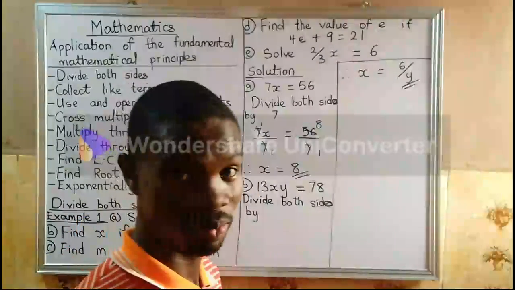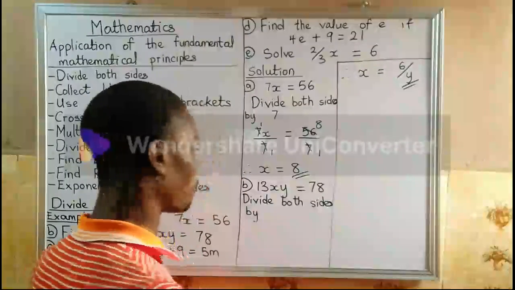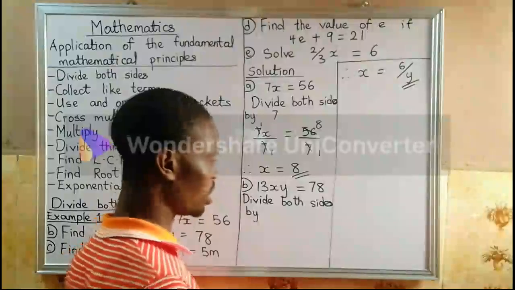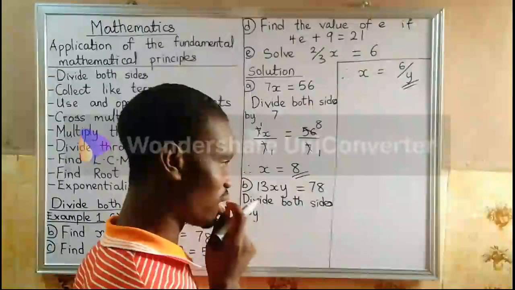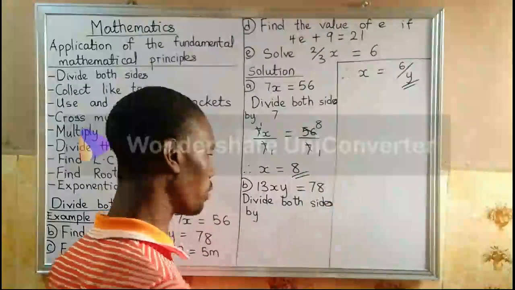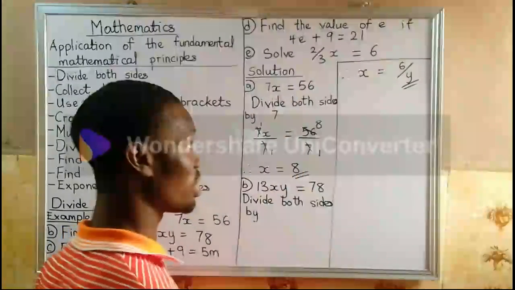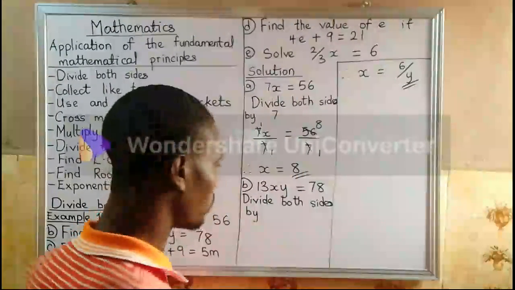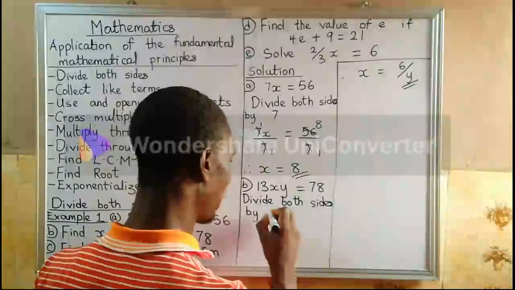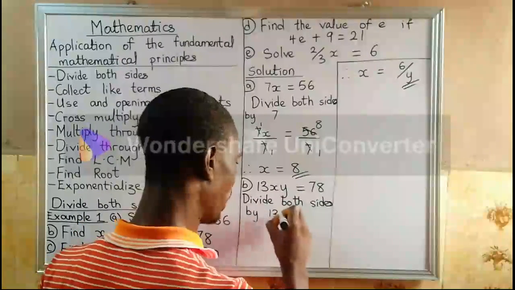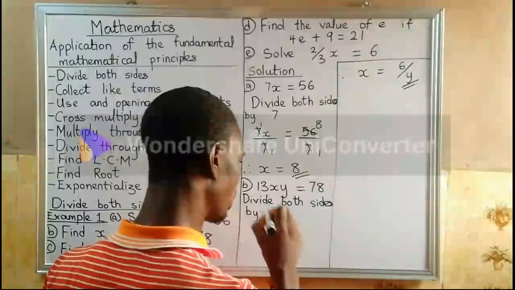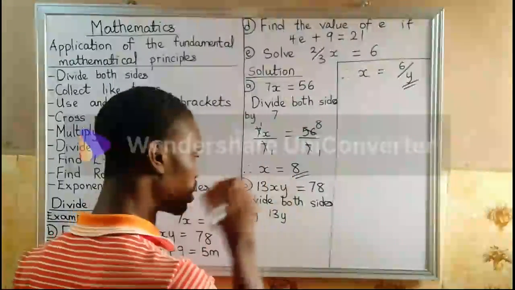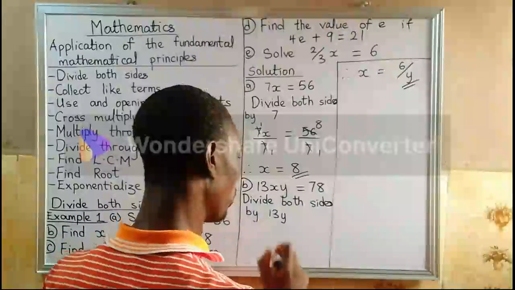The coefficient of a variable is that thing that is disturbing the variable you are looking for. So in the previous one we have just 7, but in this case we have 13y. So we divide both sides by 13y. 13y is that thing that is disturbing us from getting the value of our variable x.